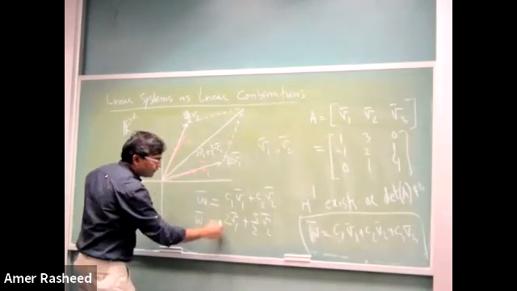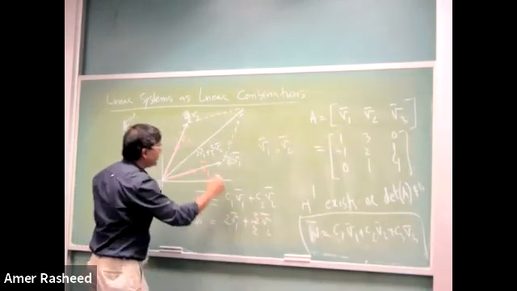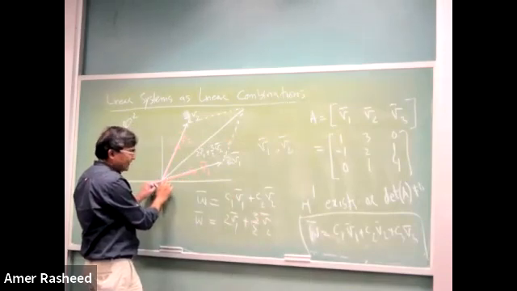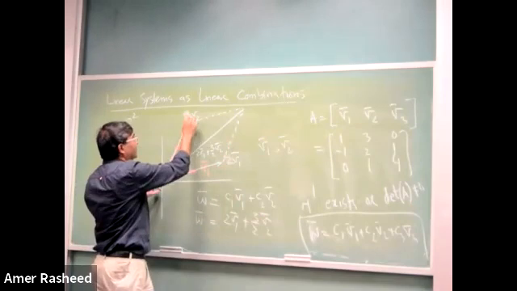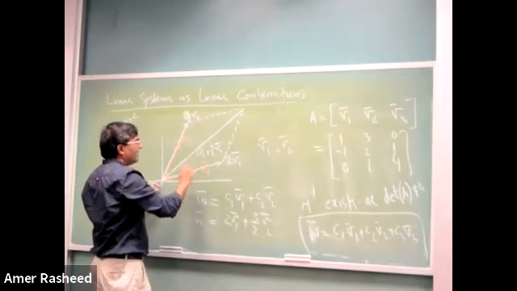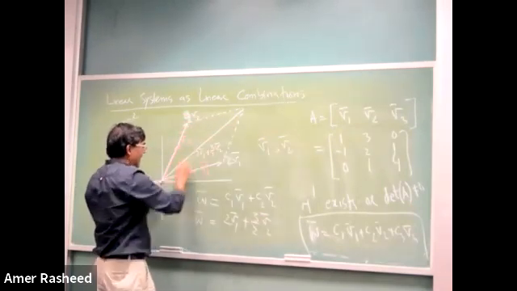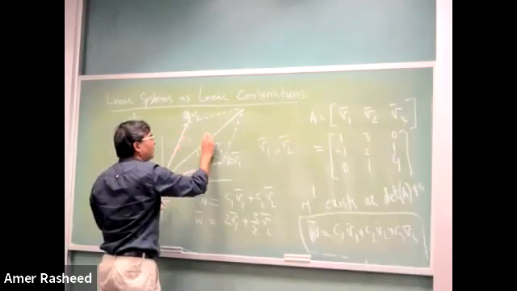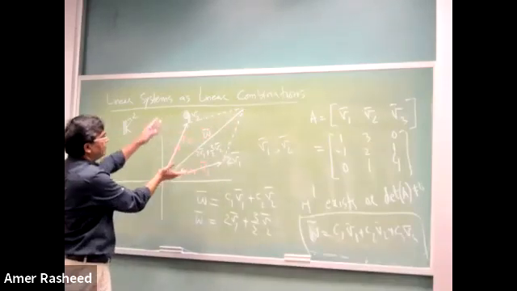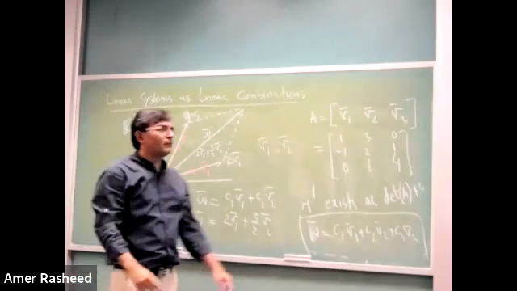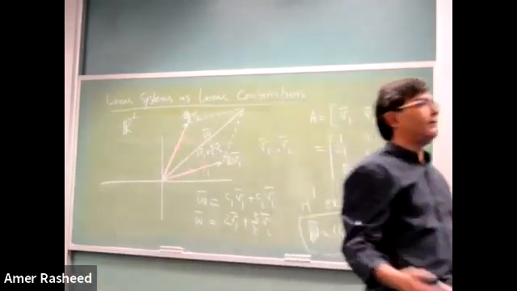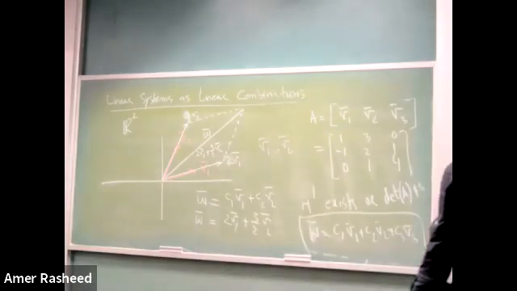It is 2V1 plus 3 by 2 V2. So we are scaling V1 by a factor of 2 and V2 by a factor of 3 by 2. We scale them, then add them. So this is your W vector, which is a linear combination of these two vectors, V1 and V2. This is the geometrical interpretation of linear combination of two vectors in R2.